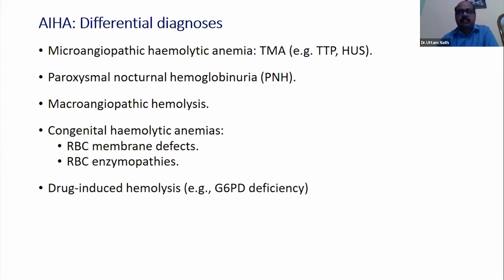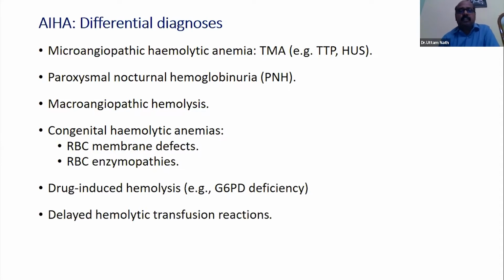Drug-induced hemolysis, as I said, G6PD deficiency. Mind you, this is not the same as drug-induced AIHA, where the drug itself is responsible for secondary AIHA. This is mainly in G6PD deficient patients, where some drugs or oxidant stress can cause hemolysis.